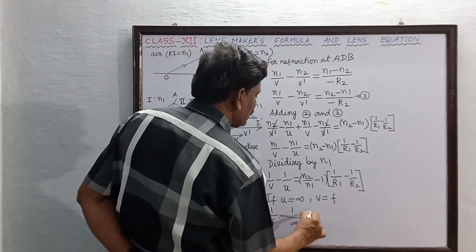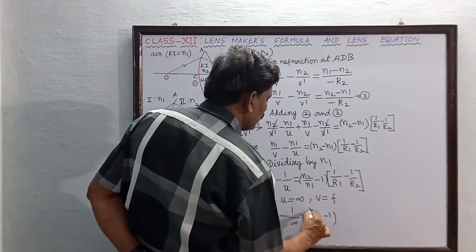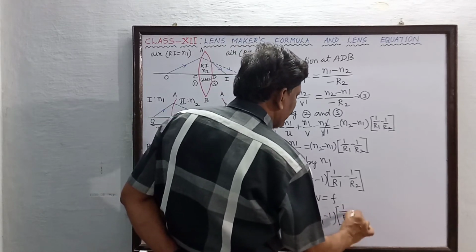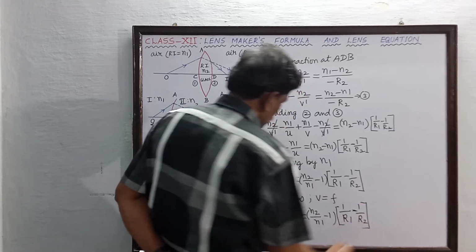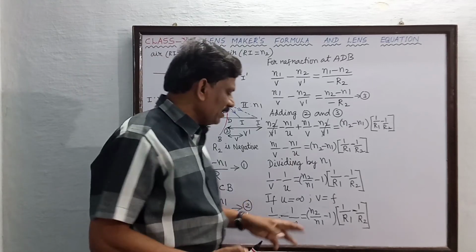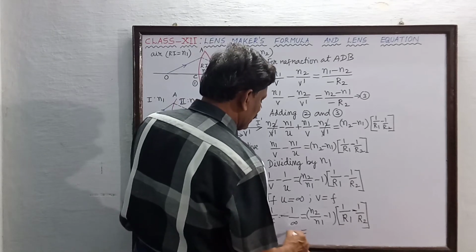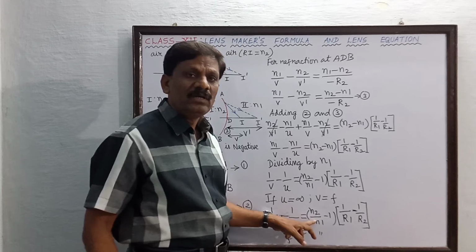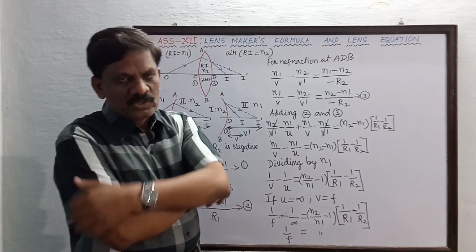So this is equal to n2 by n1 minus 1 into 1 by r1 minus 1 by r2. This is also equal to 1 by f.